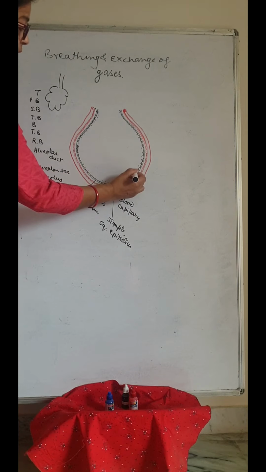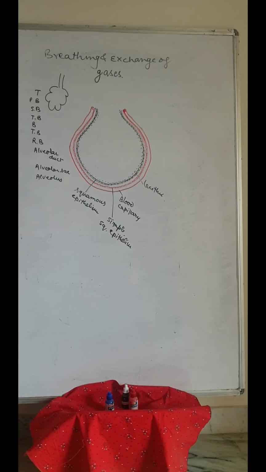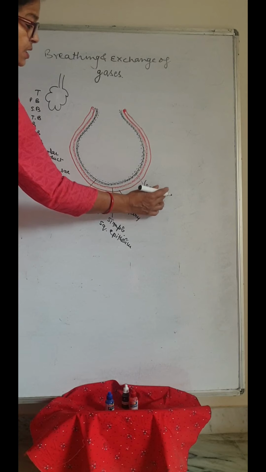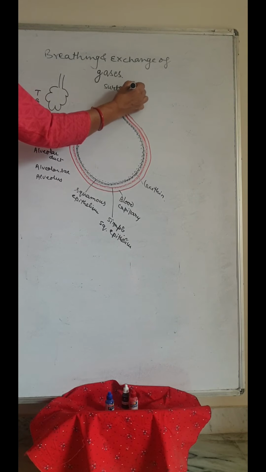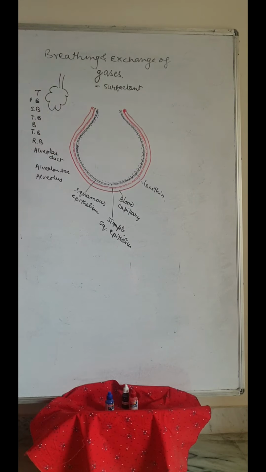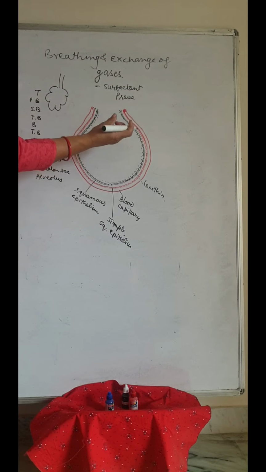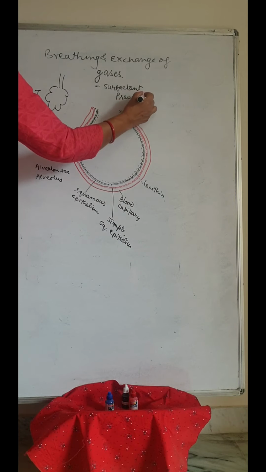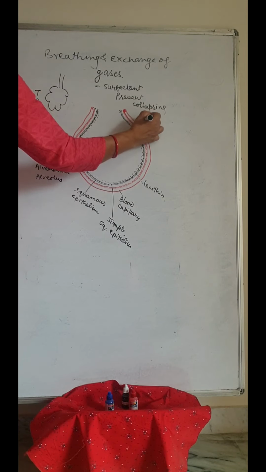The dotted part that I made in the diagram is the lecithin, in the inner wall of the alveolus. The layer of lecithin is there. The lecithin acts as a surfactant, and the surfactant means the lecithin prevents the collapse of the alveolus.